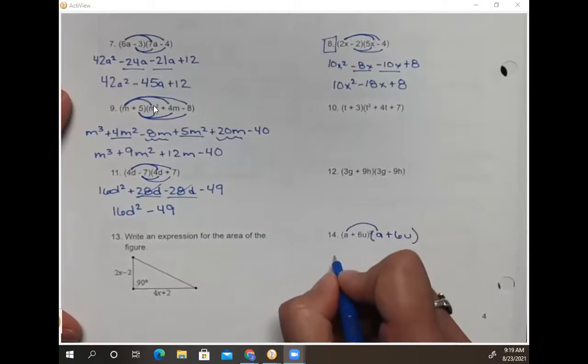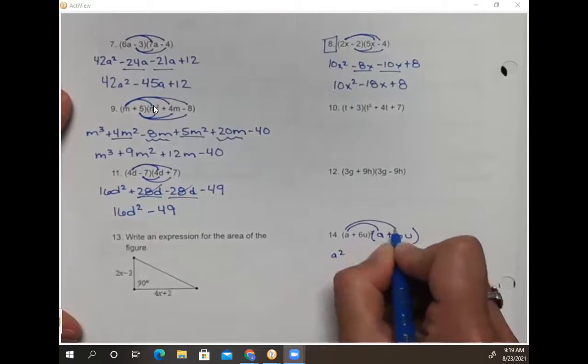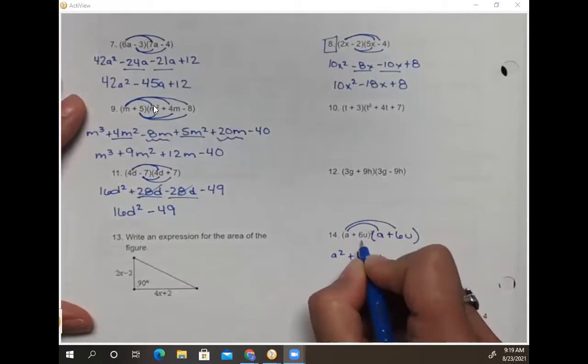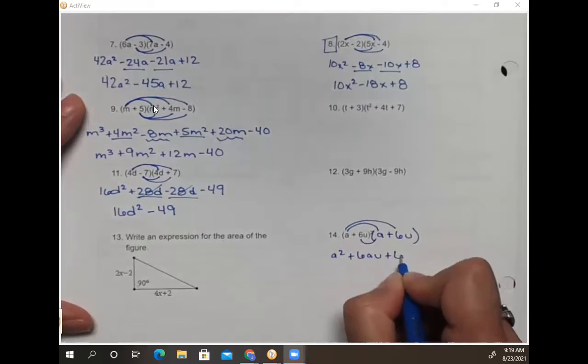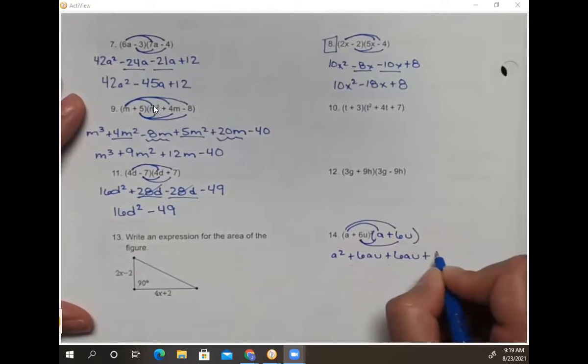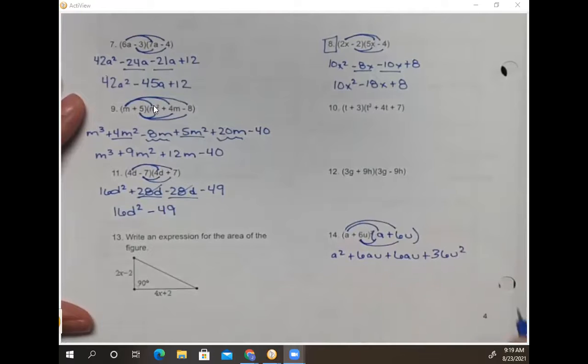So when I distribute, I would get a squared plus 6au plus 6au plus, this would be 36u squared. Since I've got multiple variables, we're not going to worry about standard form. We'll just leave it in the order it's in.